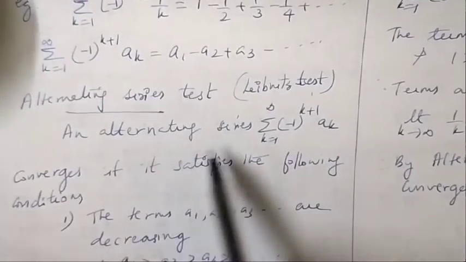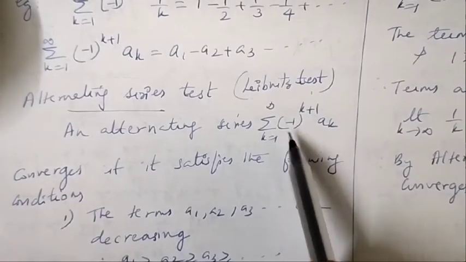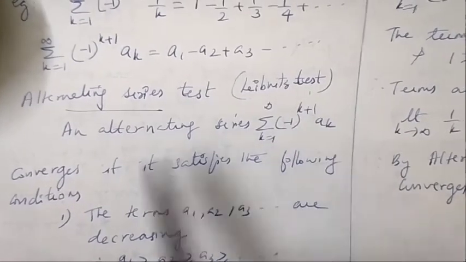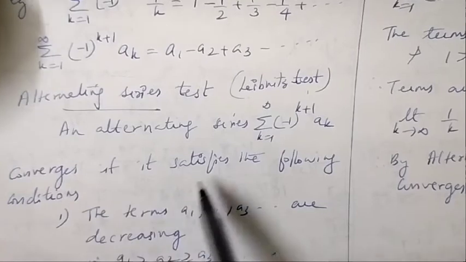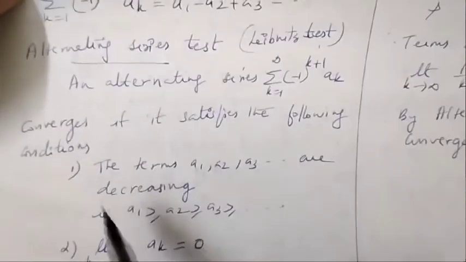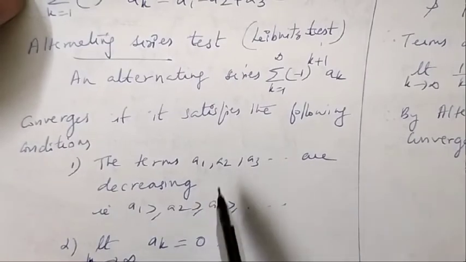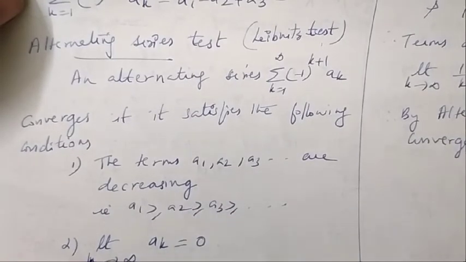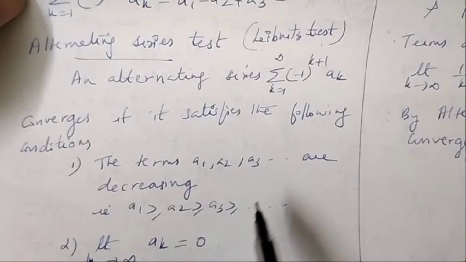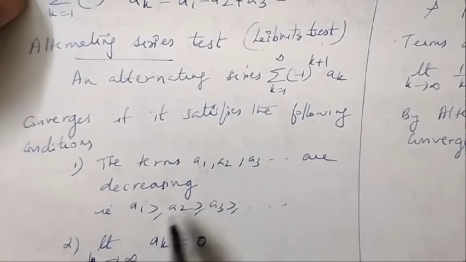So according to this test, an alternating series sigma k from 1 to infinity, minus 1 raised to k plus 1, ak converges if it satisfies the following conditions. First one is that the terms a1, a2, a3, etc. are in decreasing order. That is, the first term is greater than or equal to the second term, then greater than the third term, etc. So this is a decreasing order.